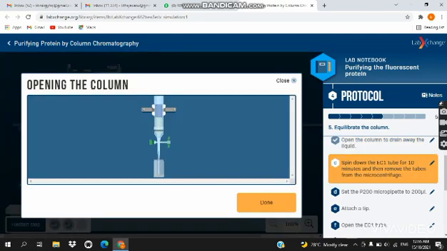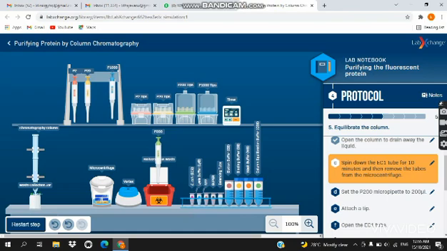We open the column to drain away the liquid. And done. After that, we spin.